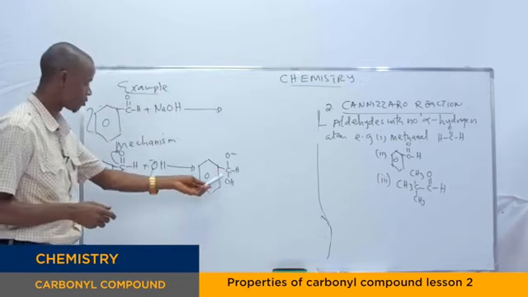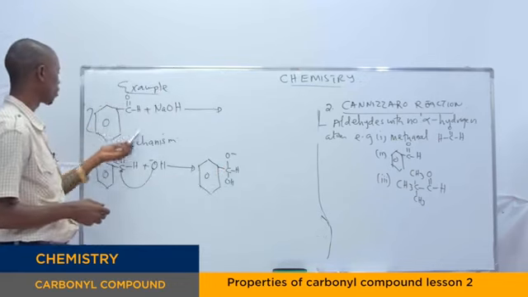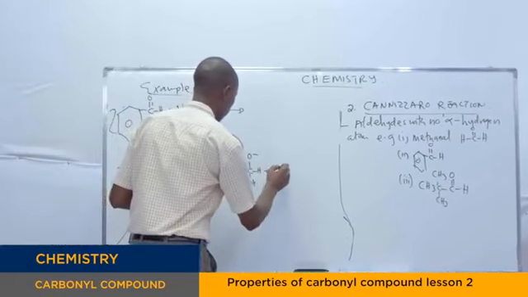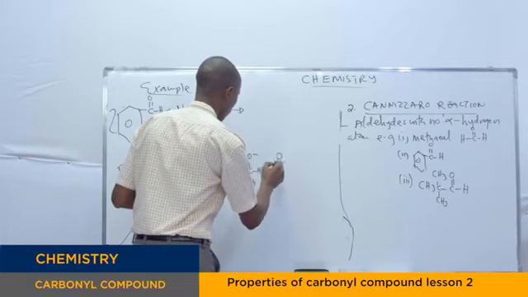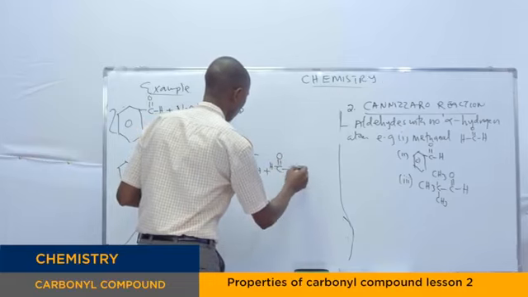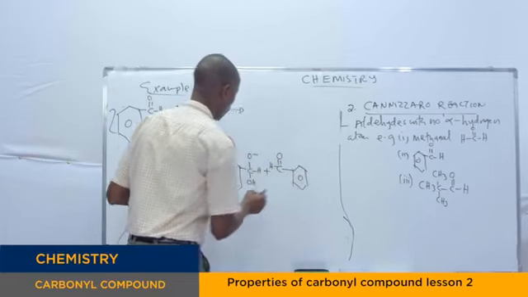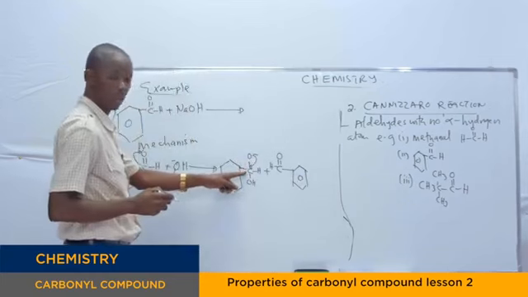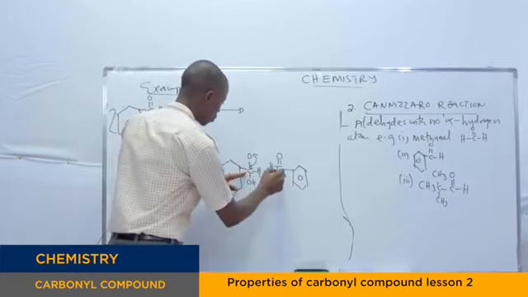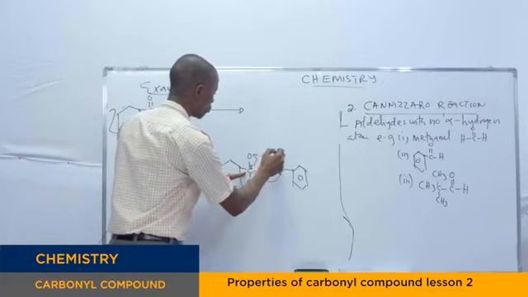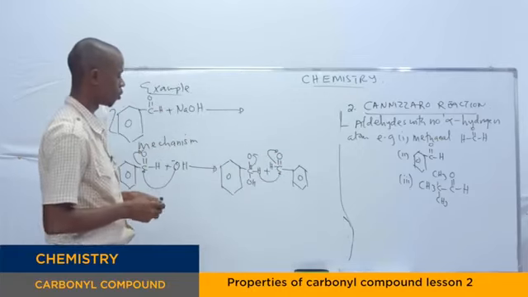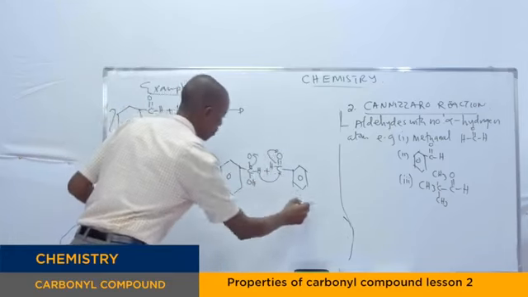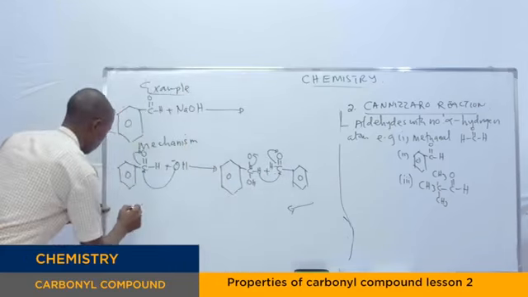Now this compound which is formed will react with another molecule of benzaldehyde. This electron will come back to the carbon atom, and this proton will attack the carbon atom, and the electron will move to the oxygen atom here. So from there, we are going to form the following products.